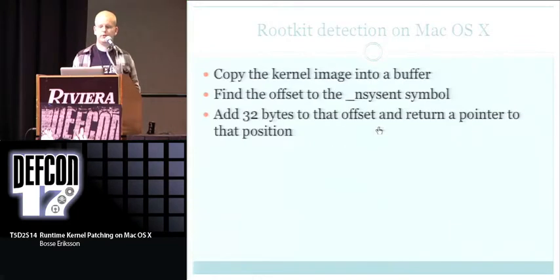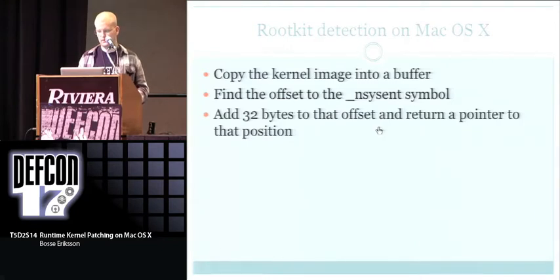So all we need to do is copy the kernel image into a buffer. We find the offset to the end sysent symbol, and we add 32 bytes to that offset and return a pointer to that position. And there we have our sysentry table from disk, which is sort of unknown state. It can be modified. An attacker could hook the open call to the kernel image and whatnot to make you read another sysentry table, but it's simple and it works.